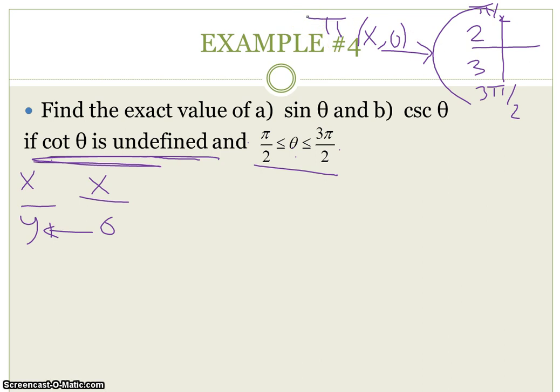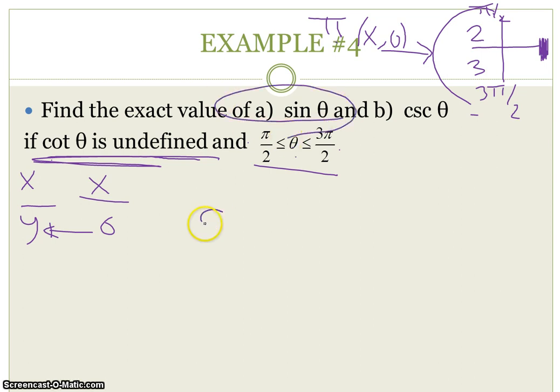So I know that my theta needs to be pi. It's also true that cotangent is undefined at the angle 0 or 2 pi, but that is not a number between pi over 2 and 3 pi over 2. Pi meets the criteria that it's bigger than pi over 2 and less than 3 pi over 2.